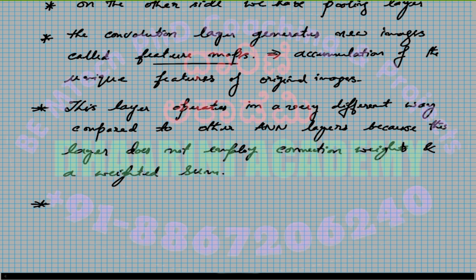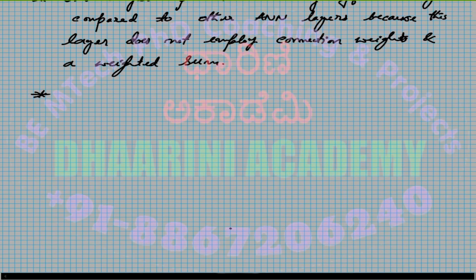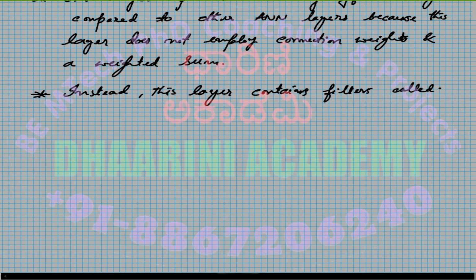So instead of having the weighted sum or the connection weights, this layer contains filters called the convolution filters.